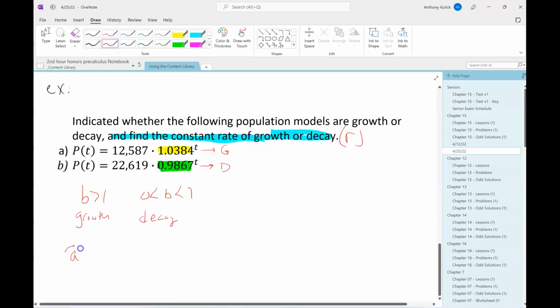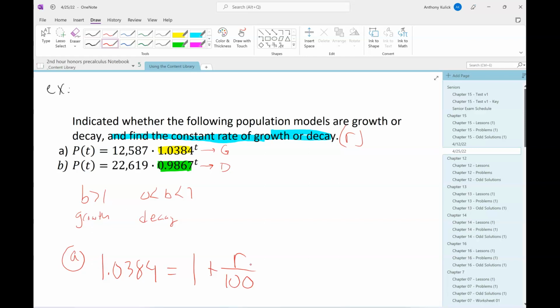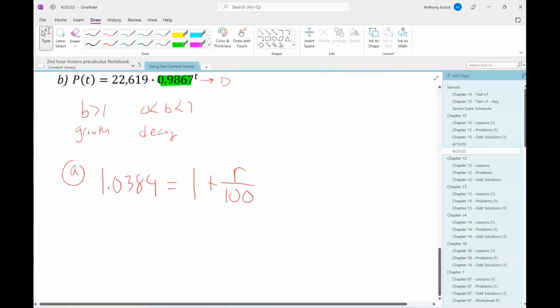So for part A, I'm going to take that value for b and set it equal to 1 plus r over 100, and solve for r. Everybody's cool with that? Solve for r, what should we do? Subtract 1 and divide by 100.